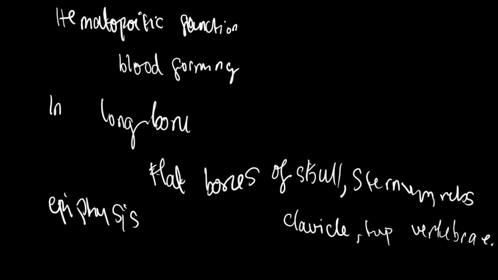But it's good for us to take note that in terms of activity, the spongy bones of the flat bones that we considered earlier, so the bones of the skull, the sternum, the rib, the hip, and the vertebra, are more active in the function of hematopoiesis as compared to the epiphysis of the long bones.